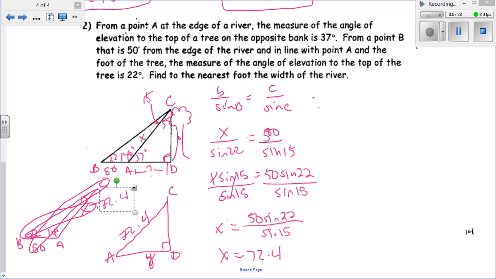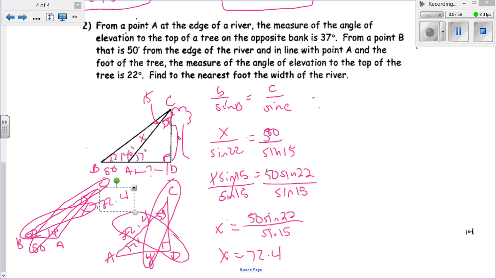Trying to find Y, I know that this angle is 37 degrees, and I know that this angle up here is 55 degrees. Since I want Y, is that 55 or 53? Sorry, this should be 53. My bad. That's a 53. Couldn't read my own writing. So I'm going to use Y and C, and then I'm going to use D and the side that we found for our triangle.